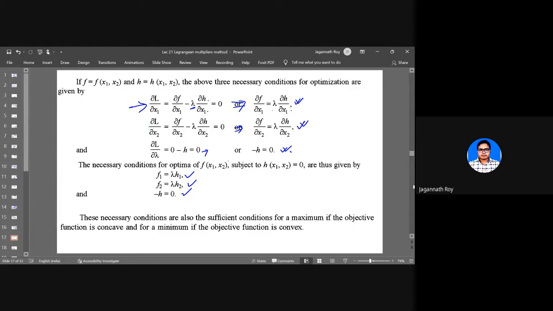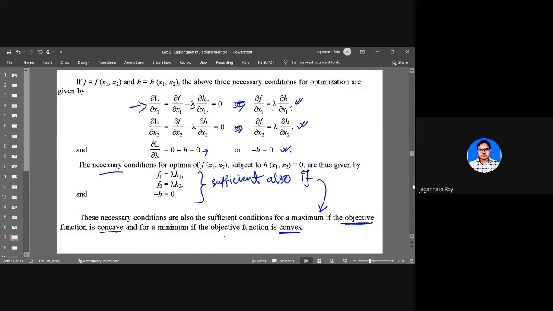Now, if the objective function is concave or convex, then these are not only necessary conditions, these will be sufficient also. We don't have to calculate the Hessian matrix now, if this is satisfied.